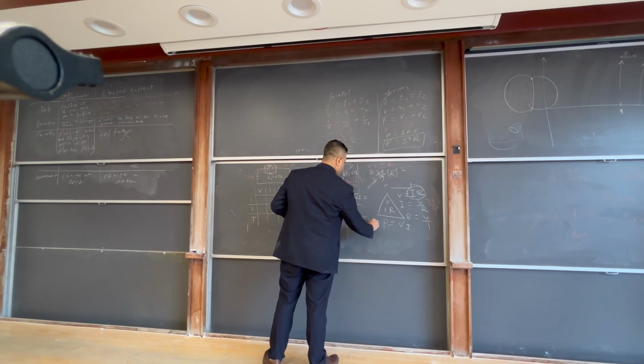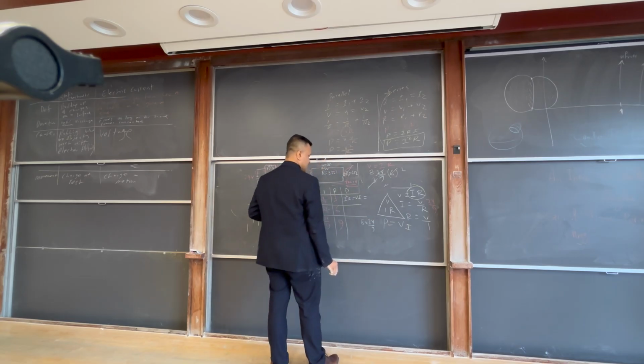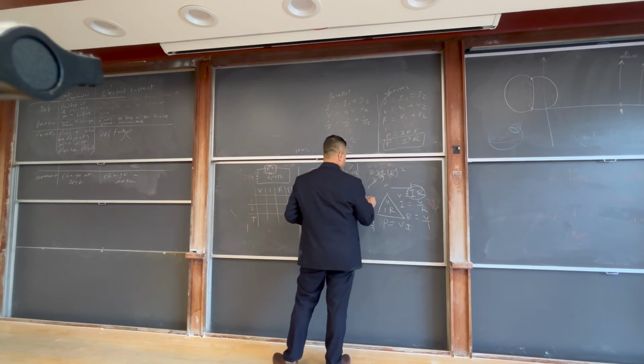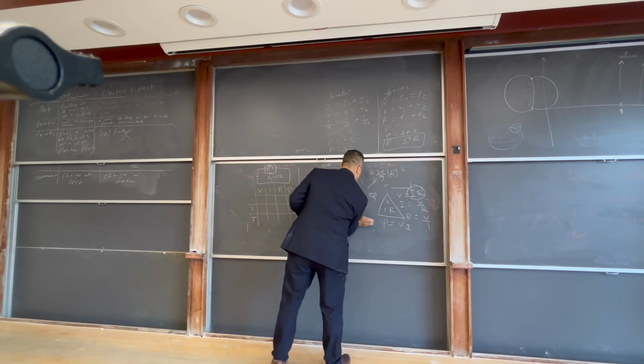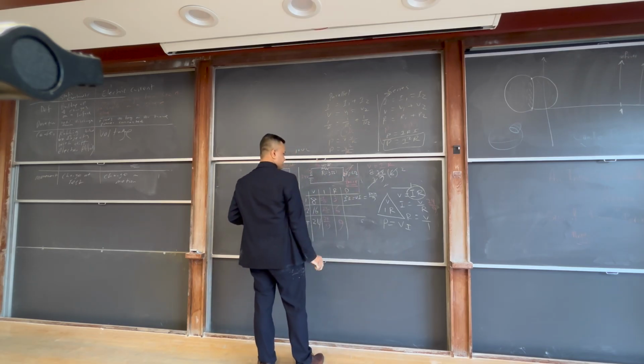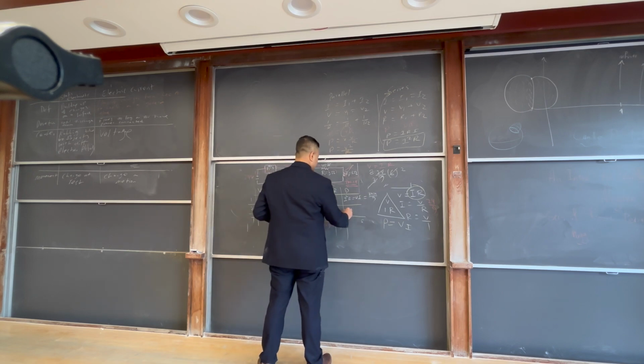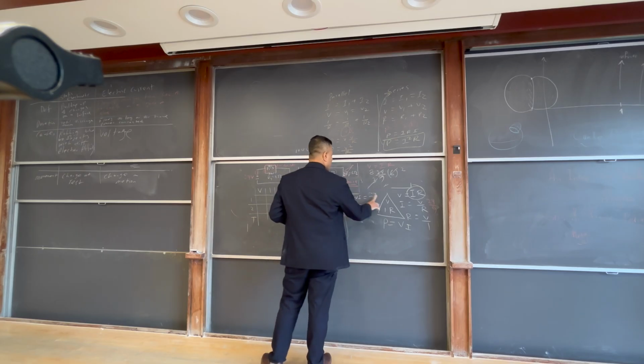For bulb 2, V is 16, so it's 16 times 24 over 9. We already proved that.